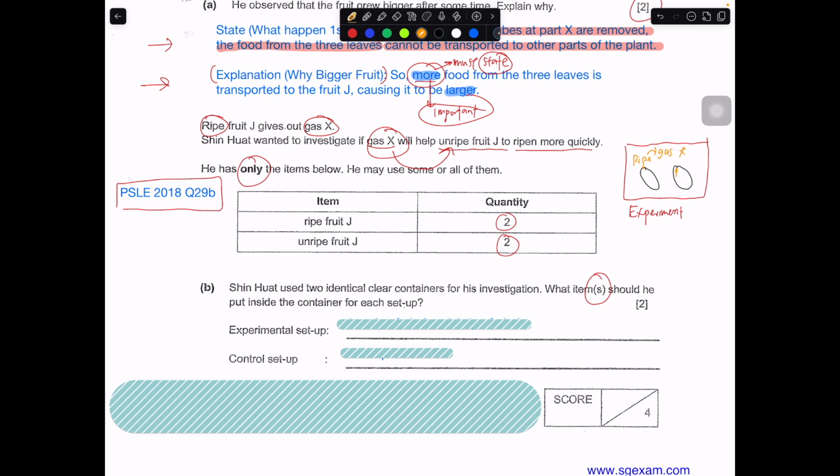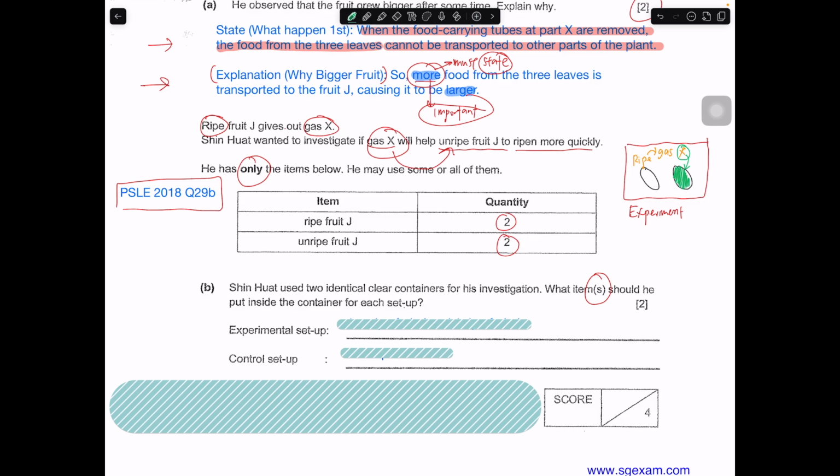Maybe I put it here as green, unripe, with gas X. So the gas X that is produced by the ripe fruit will come and influence the unripe fruit J, causing it to ripen faster.